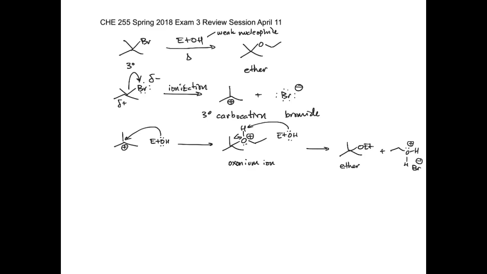So what would the reaction coordinate for this look like? Again, it's going to be a little bit different. The axes still remain the same: energy on the y-axis, reaction coordinate on the x-axis.